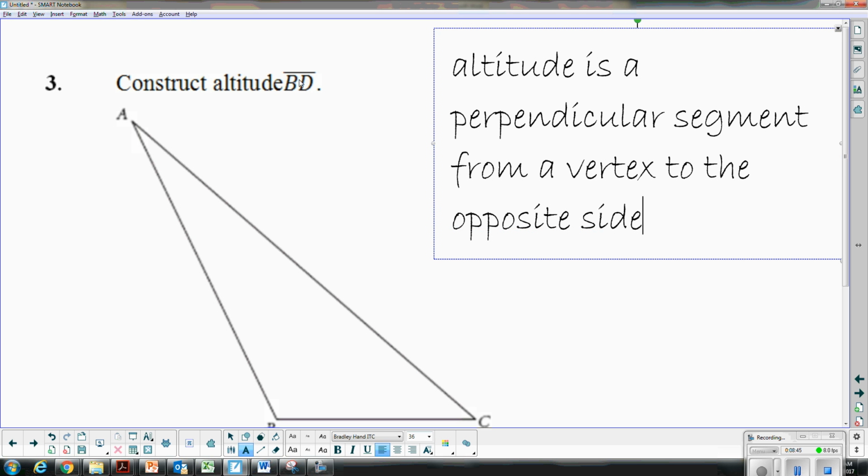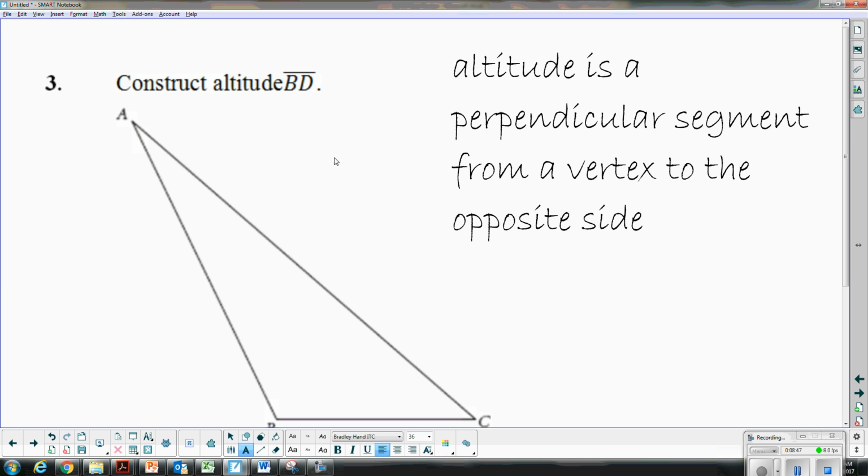Okay, so it says altitude BD. That means it has to come from vertex B. So we're looking for a perpendicular line that comes from here to AC somewhere. And I can't just draw a line and say, oh, it looks perpendicular. We need to actually construct a perpendicular line.